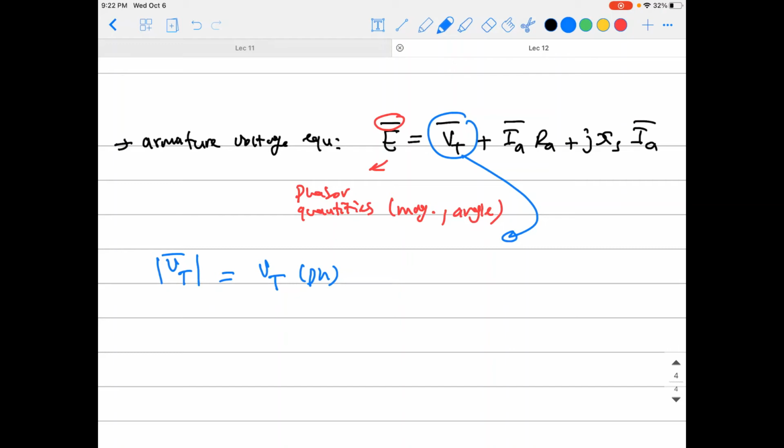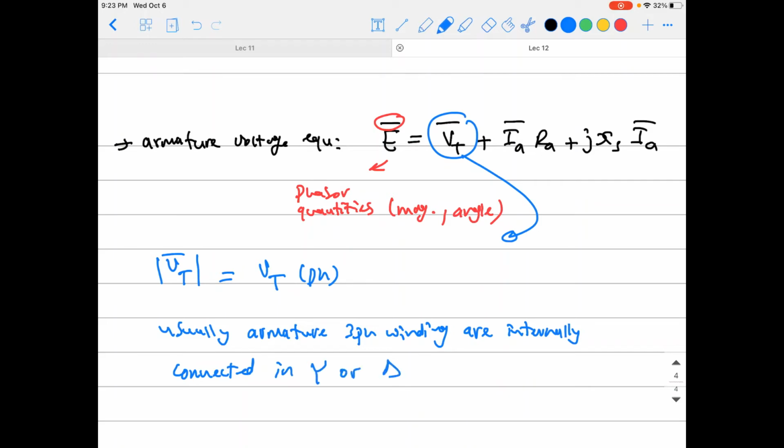So usually the armature three-phase windings are internally connected in Y or delta.